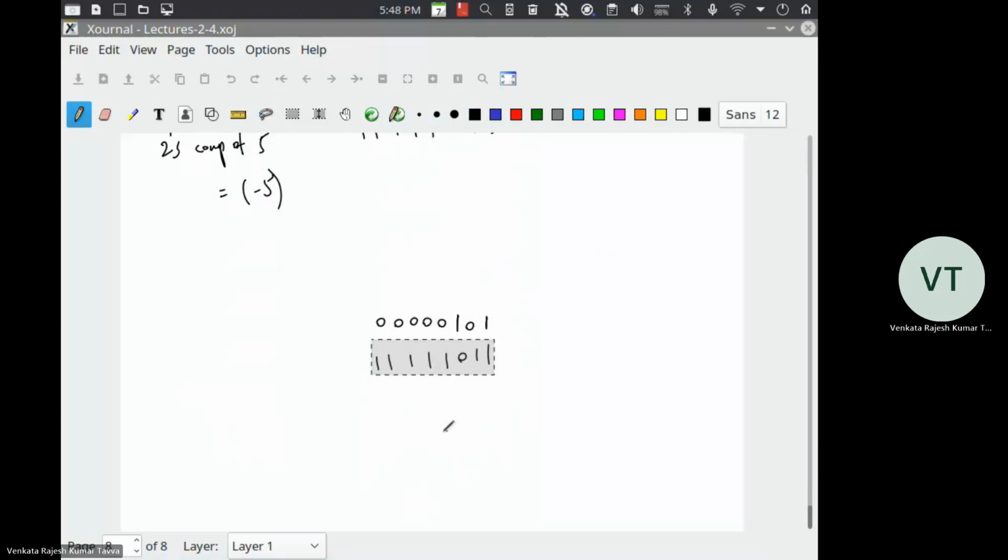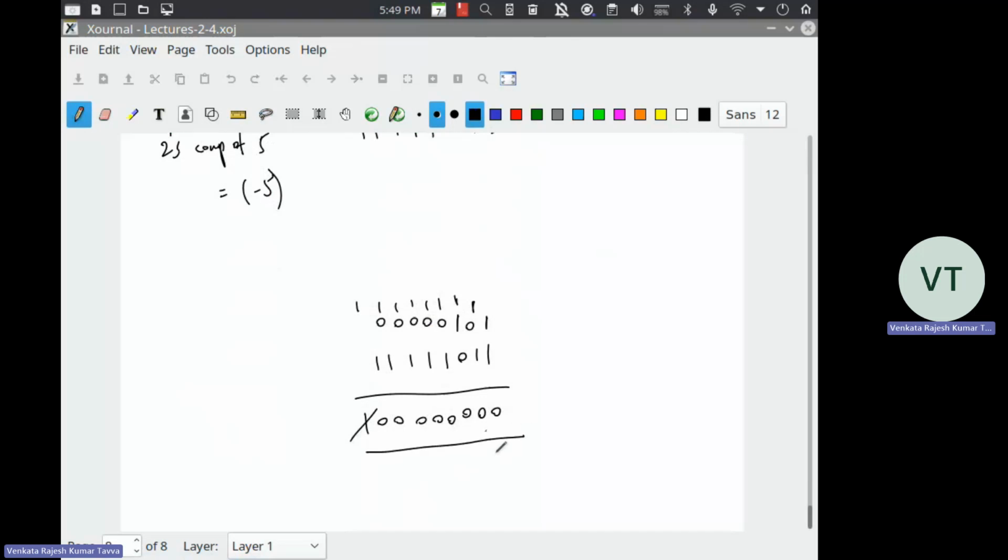Now 1 plus 1, 1 0, 1 plus 1, 1 0, again 1 plus 1, 1 0, and you go on doing like this. Here you will get carries, right? Here you will get one more carry. All these will be zeros. You will get a carry. You ignore the carry bit, right? So what are you getting? All zeros. This is 0. So you got the right answer.